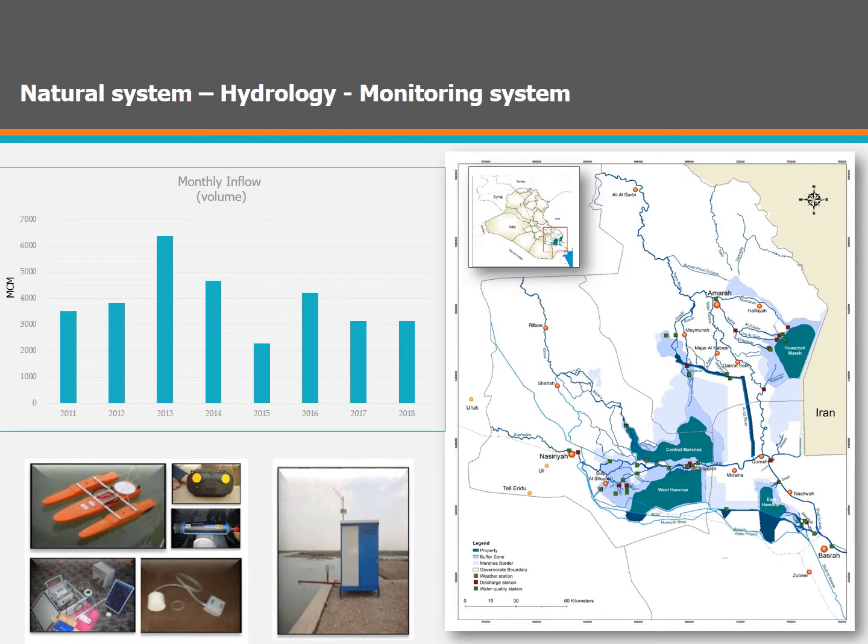The quantity of water is monitored throughout the marshes using the monitoring stations in the feeders of the marshes illustrated on the bottom left of this slide. The map shows where they are located, and the graph shows a monthly inflow average between 2011 and 2018.